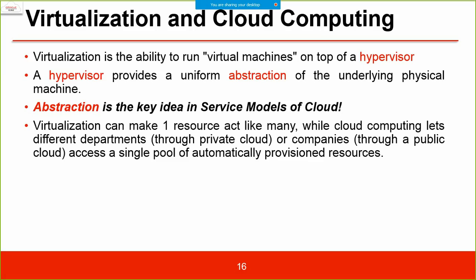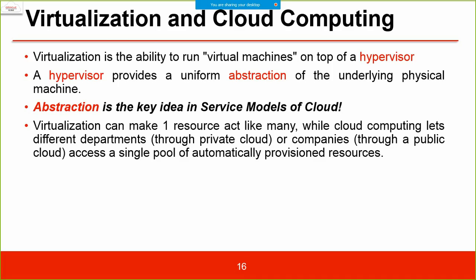For example, if I want to run Internet Explorer on Linux, I can do that. So I require Wine for that purpose, and I can run Internet Explorer on Linux using that concept. So virtualization is the ability to run virtual machines, or maybe virtualized emulators or different concepts, on top of a hypervisor.